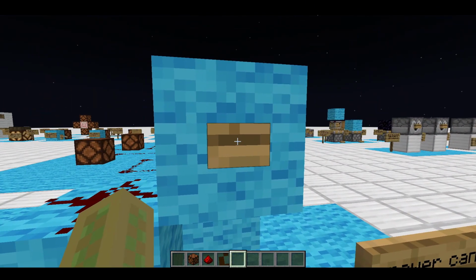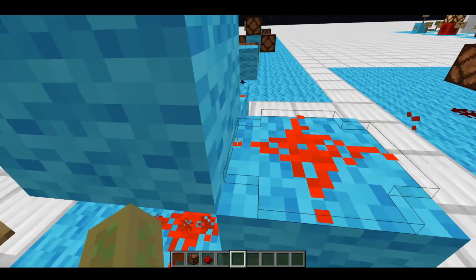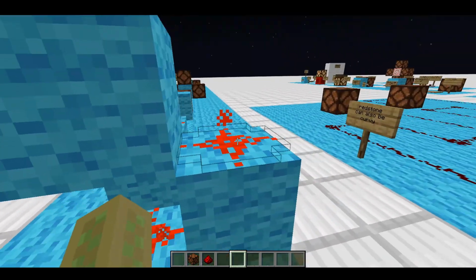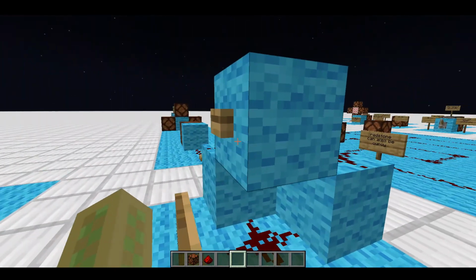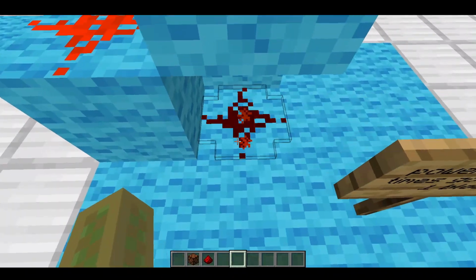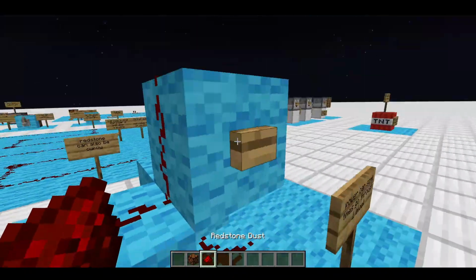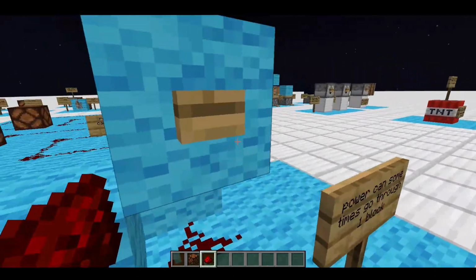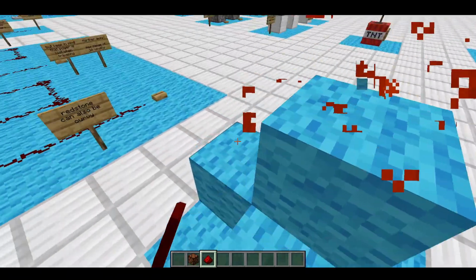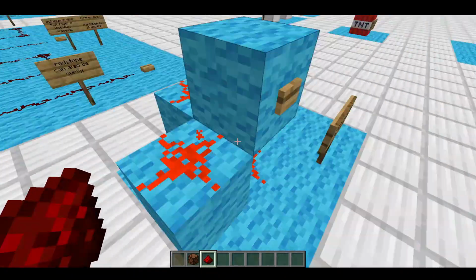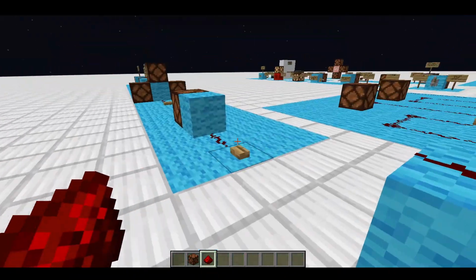So as you see, if I was to activate this, the power is going through one block. Sometimes this can happen. It can transmit down, it can transmit one block up, as you see. Or it can transmit it across on the sides or at the bottom.